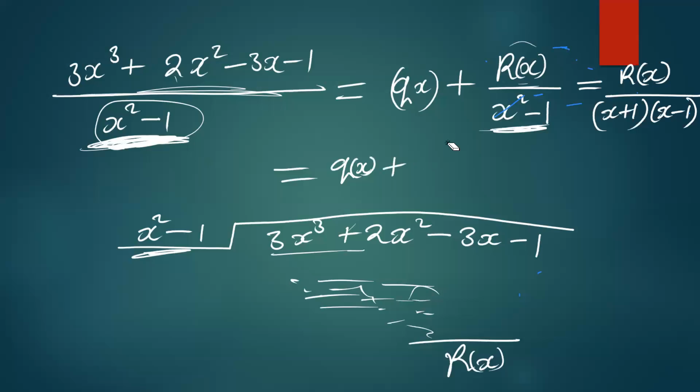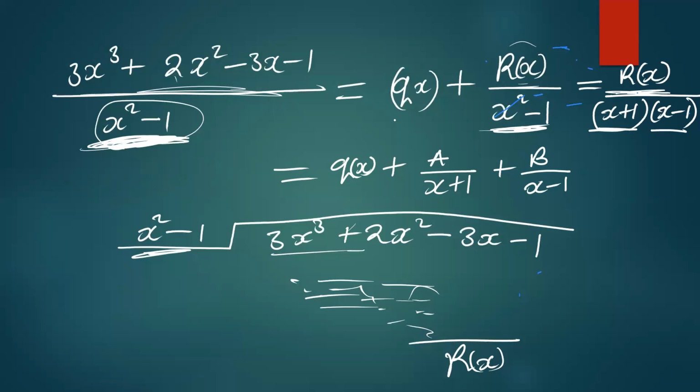Let me say we resolve this expression there into its partial fractions. So how do we resolve that? We have the first linear factor there and the second linear factor. So we say a over x plus 1, then plus b over x minus 1. And then you continue with the process that I'm going to show you immediately after this.